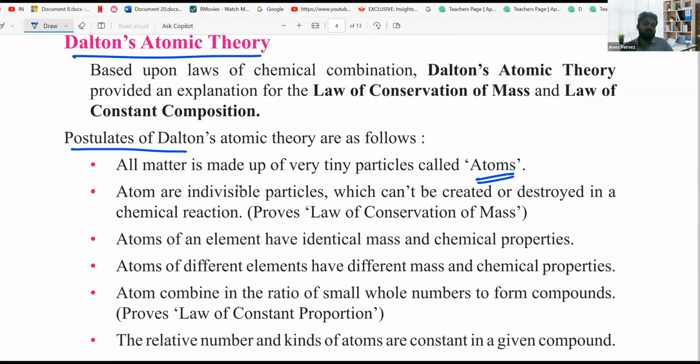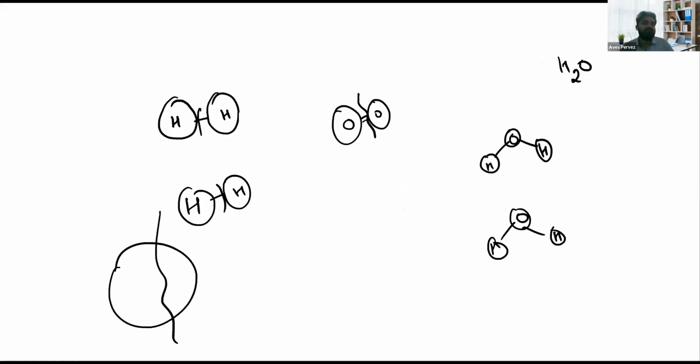So here atoms are indivisible particles which can't be created or destroyed during a chemical reaction. And this proves the law of conservation of mass. For example, if we have hydrogen gas and it reacts with oxygen gas, it will form water.